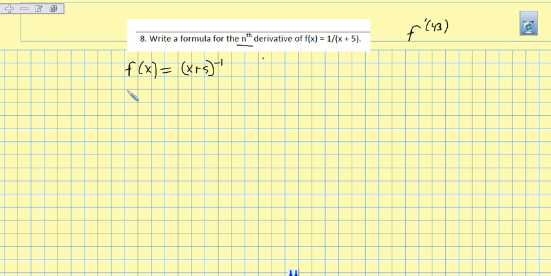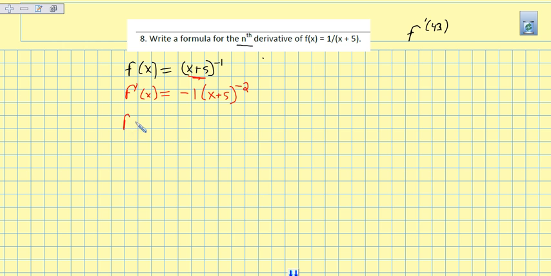So the first derivative of x is equal to what? Well, this is just a chain rule. You have something raised to the -1 power, so we're going to use the power rule. So we have -1 times the inside stuff, and then it's to the -1 subtract 1 power, so we have -2 power.